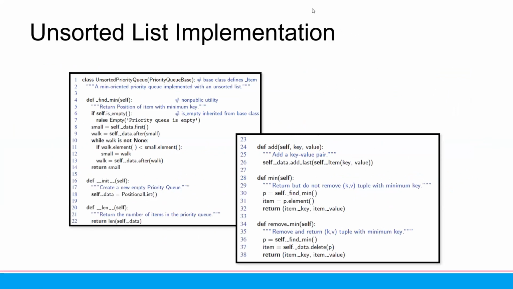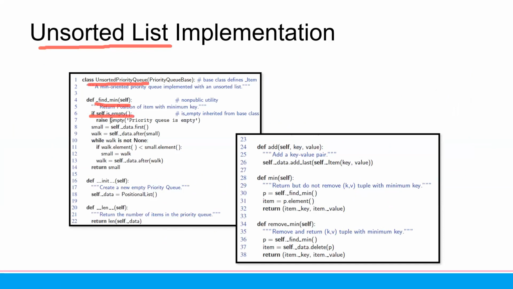If we are doing the unsorted list, so this is the unsorted priority queue implementation, in the find minimum of the unsorted, we will check first whether it is empty or not.